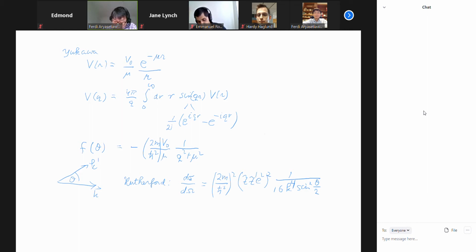So the Q here is equal to K minus K prime. So that is equal to 2K sine phi over 2. So this is exactly equal to, if we identify that one as V0 upon mu.